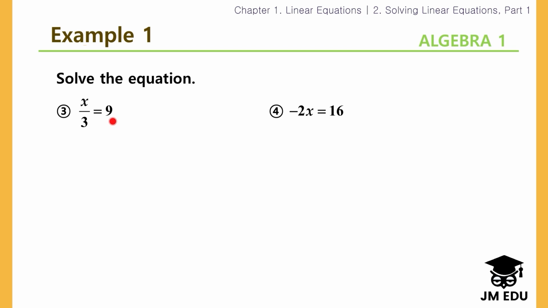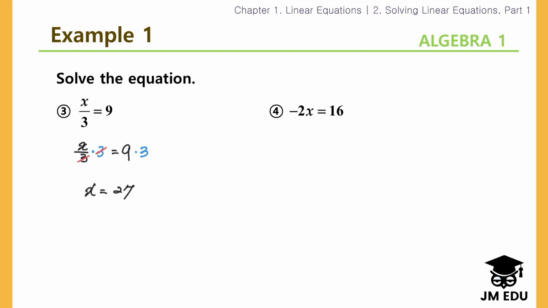So we're going to multiply each side by 3 to eliminate the denominator 3, right? Then 3 times 1, 3 times 1, right? So the solution x is equal to 9 times 3, that's 27.